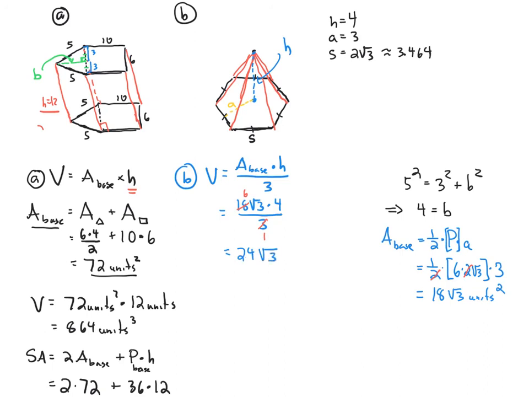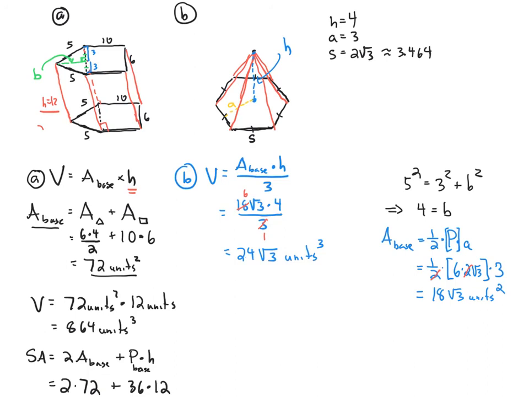So just 24 times root 3. And that is roughly around 41.57. And it's units cubed since it is a volume that we solved for. Alright, that one wasn't too bad.